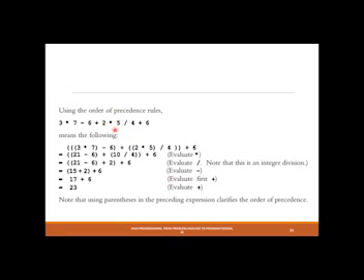Since multiplication and division have the equal level of precedence, we will just solve from left to right. So we'll solve first 3 times 7 and then 2 times 5, and the rest are as is.